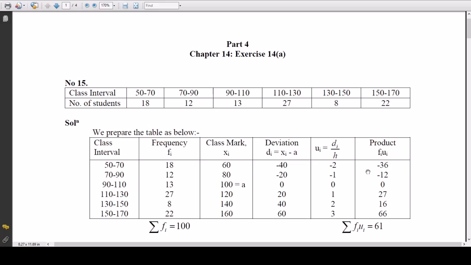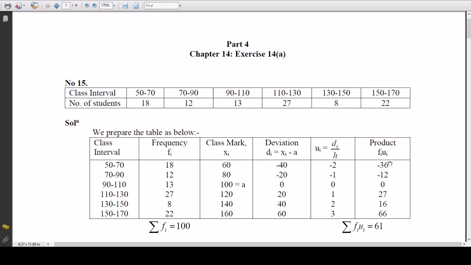Now we have to find the sum of the frequency and the sum of the product fi ui. The sum of frequency, when you add 18 plus 12, 13 plus 27 plus 8 and 22, you get 100.